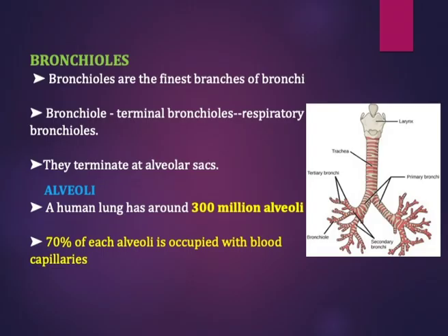At the end of each respiratory bronchiole there is a sac-like structure called alveoli, also called alveolar sacs, and these are the main parts of the exchange of respiratory gases. Here we can find the structure of the bronchioles and alveoli.